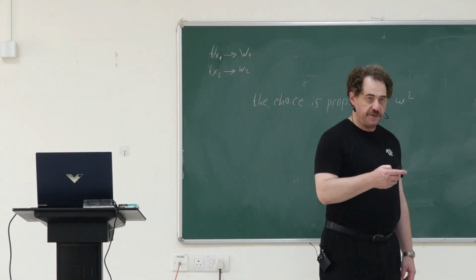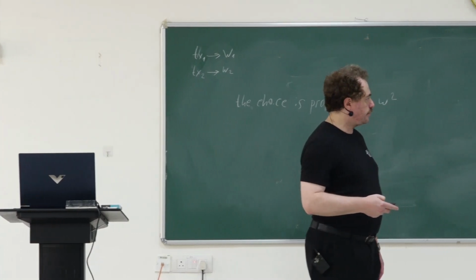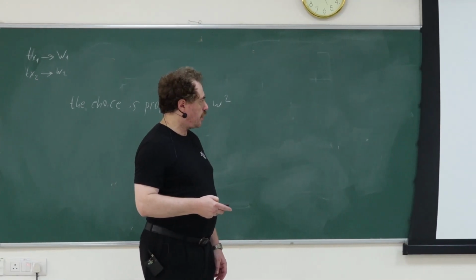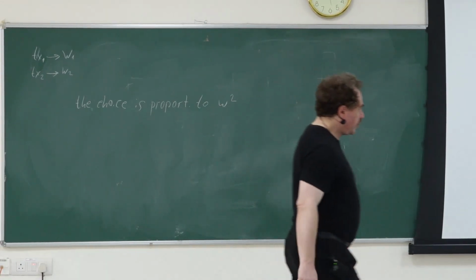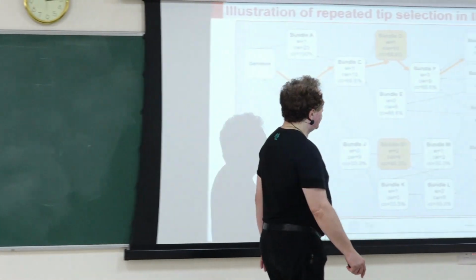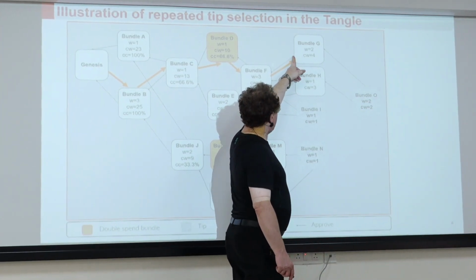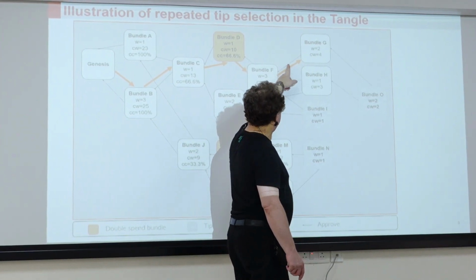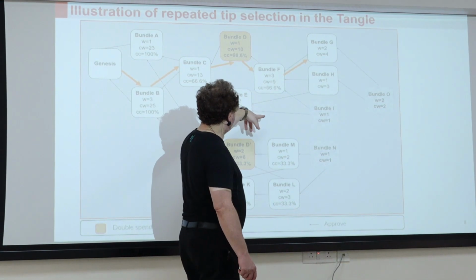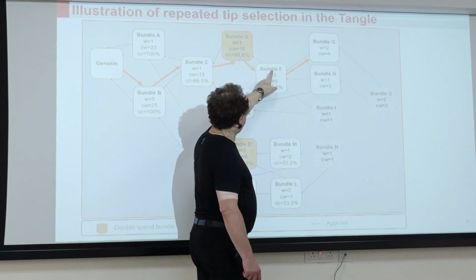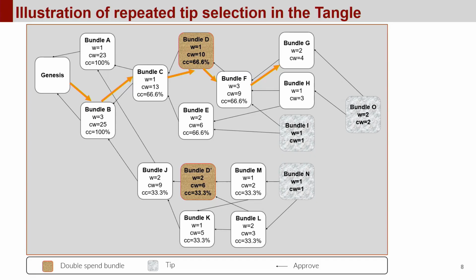So if you take a look at IOTA, I need one of those graphs, so that would be good enough. So usually the edge signifies validity of the cone. What is a cone? Cone means everything that can be reached from this vertex.